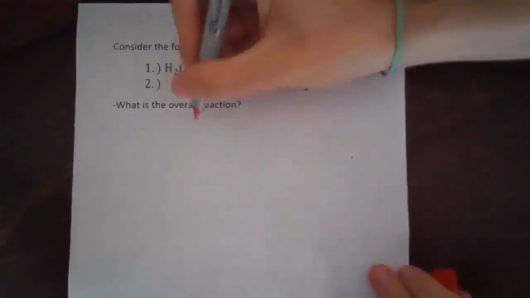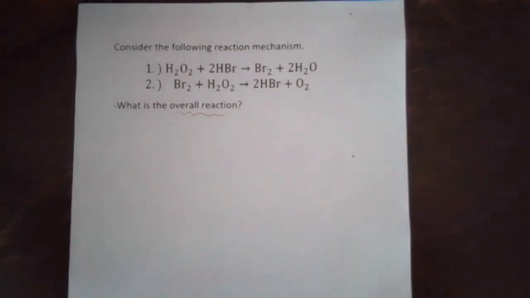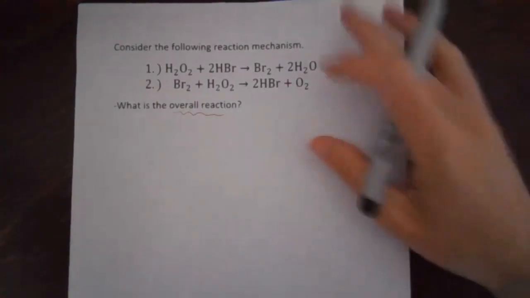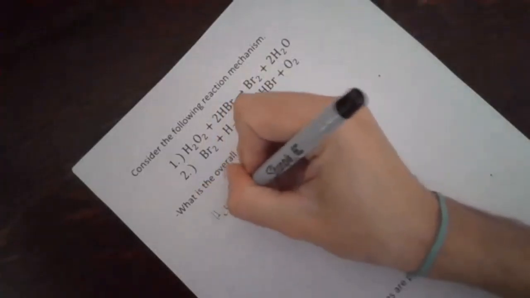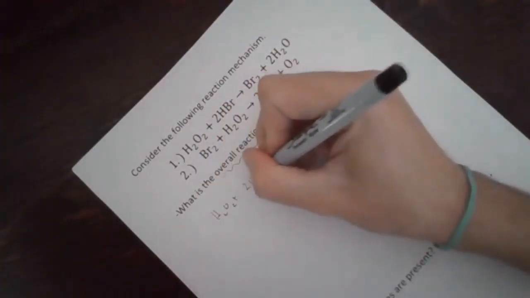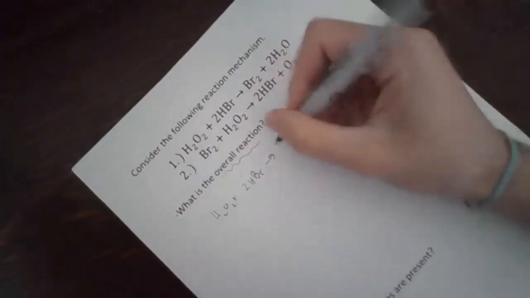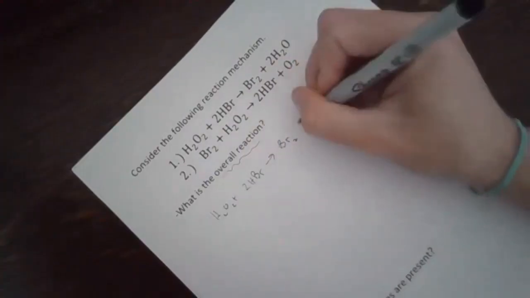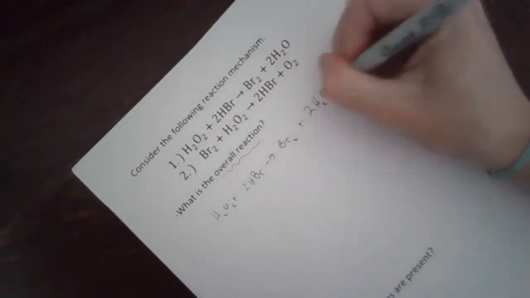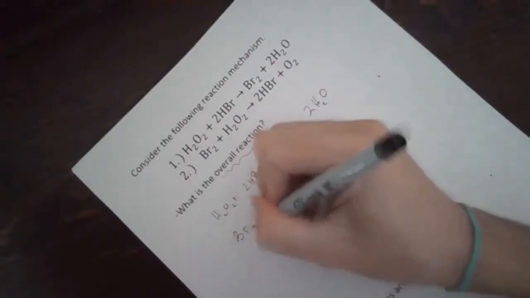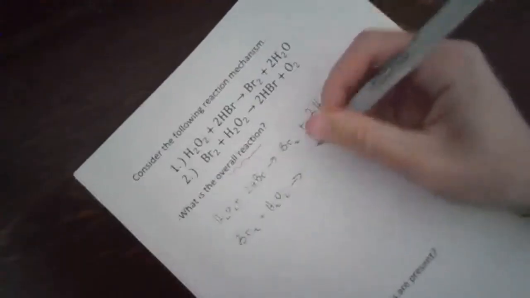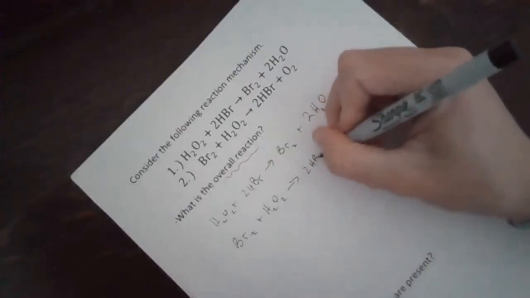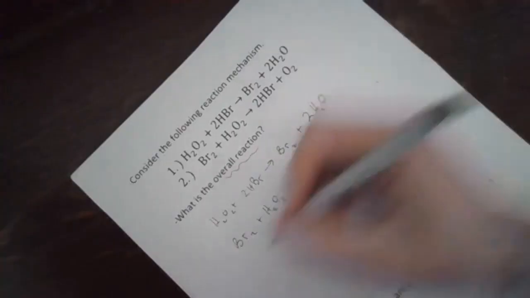So if I want an overall reaction, I know I'm just going to add everything together. So let's write out what we got. H2O2 plus 2HBr becomes Br2 plus 2H2O. Br2 plus H2O2 becomes 2HBr plus O2.